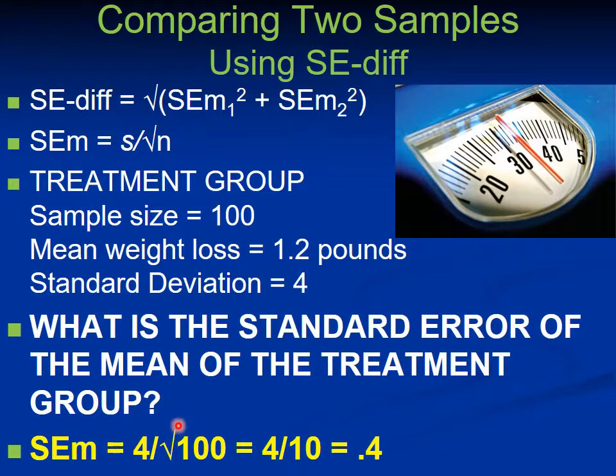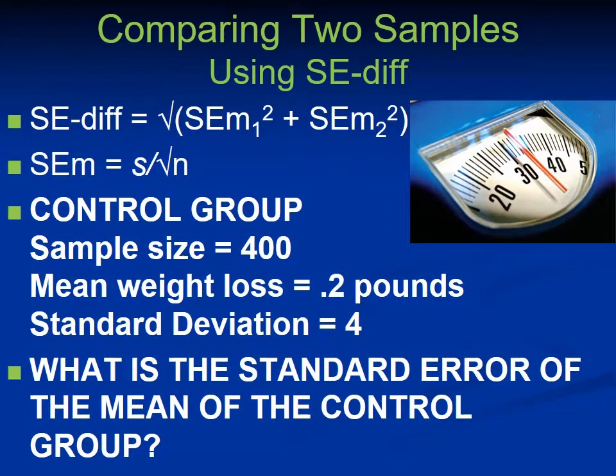You divide that by the square root of the sample size. Square root of 100 is easy, that's just 10. So 4 over 10 is 0.4, standard error of the mean of the treatment group is 0.4. Okay, but we've got that number we can plug in here, but now we need the standard error of the mean of the control group. So go ahead and do that math as well.